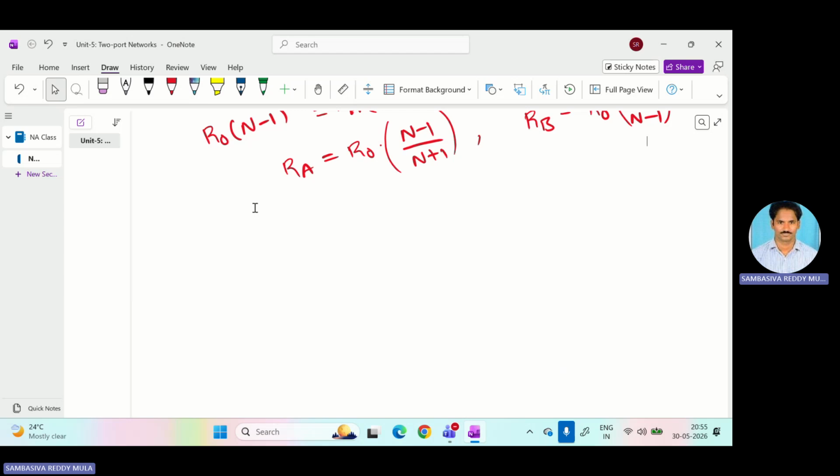We will simplify this. The bisection theorem states that any symmetrical balanced or unbalanced network can be transformed into an equivalent lattice network. The series arm of the lattice network is equal to the short circuited impedance of the bisected network, and the diagonal arm is the open circuited impedance of the bisected network. So it is very clear.